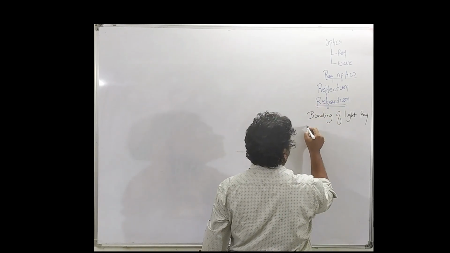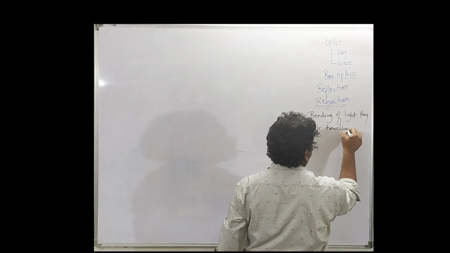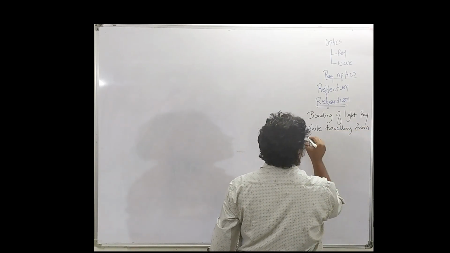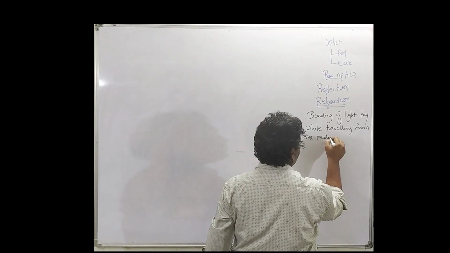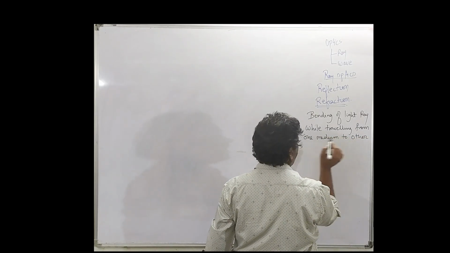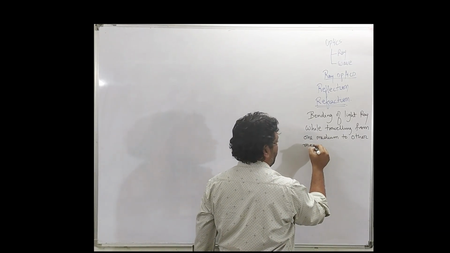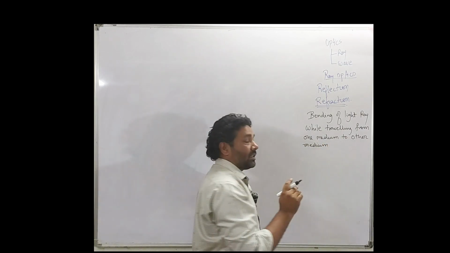Bending of the light ray while traveling from one medium to another. What do we mean by this? When the light ray travels from the sun to the earth, there are various mediums present in the space.